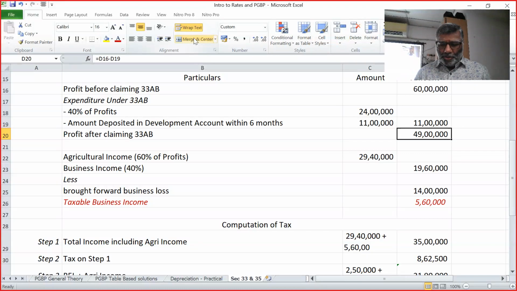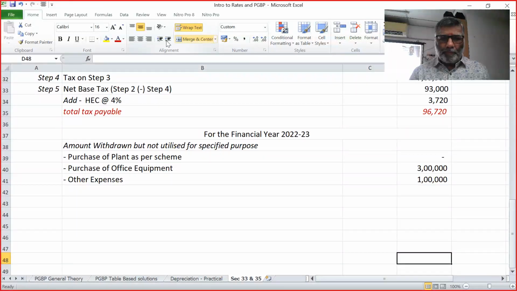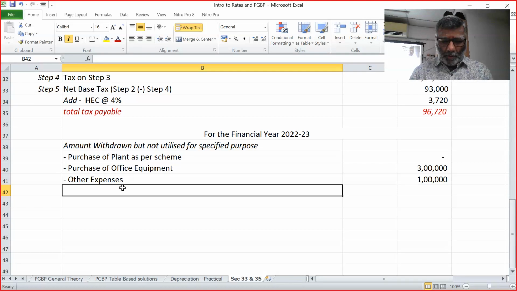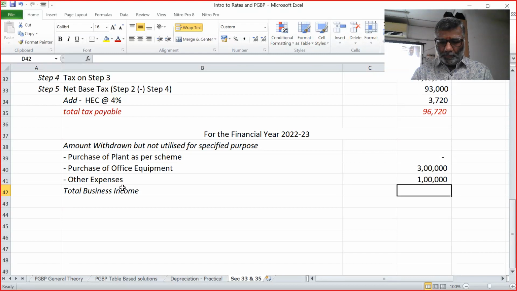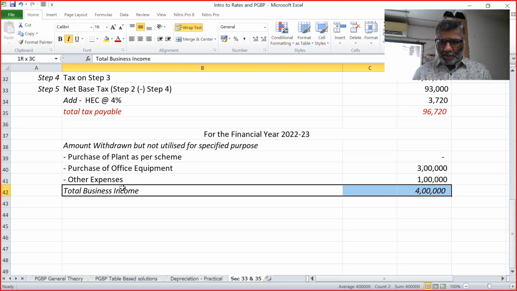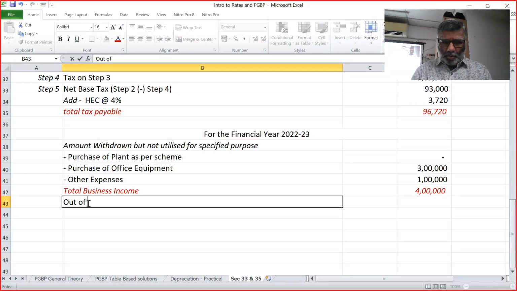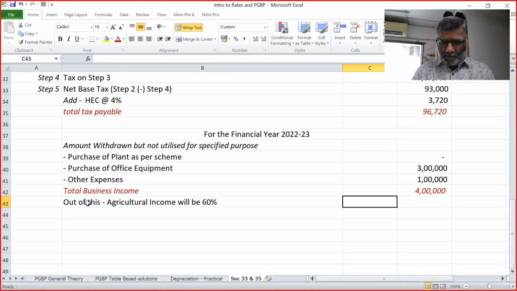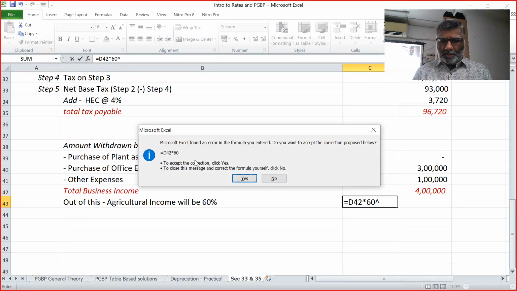So coming back, total business income. We are not computing tax because that is not asked. I mean, other details are not there. Out of this, agricultural income will be 60%, so 4 lakhs into 60% agricultural.